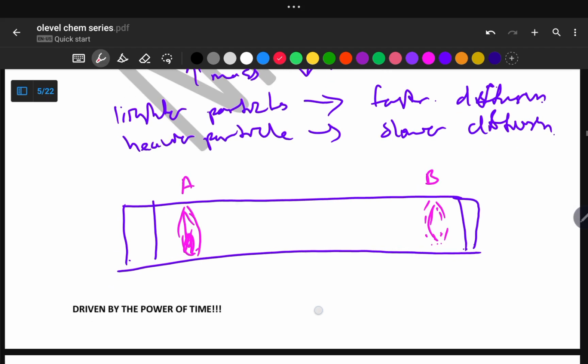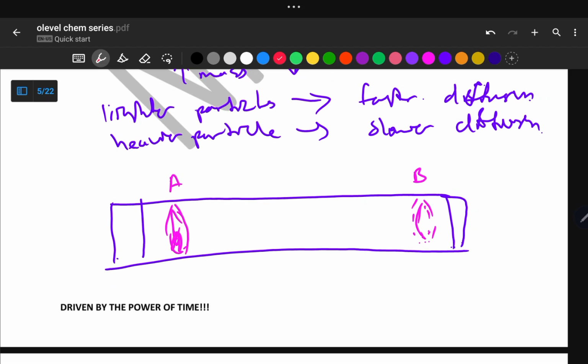The cotton wool at A is soaked in ammonia solution, and the cotton wool at B is soaked in hydrogen chloride gas or hydrochloric acid.